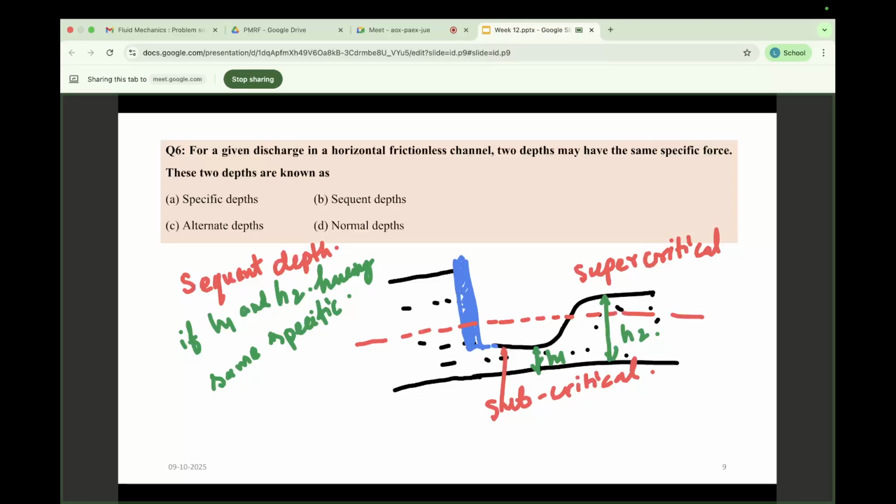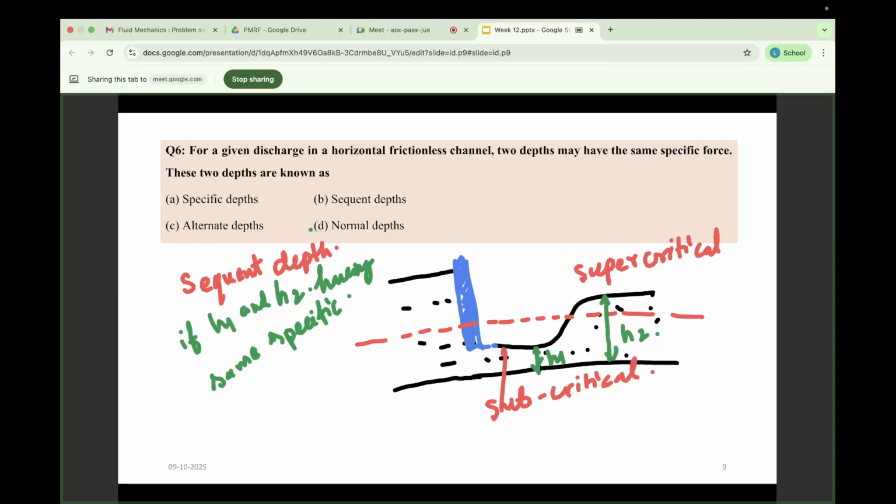Okay. So what I am talking about is this depth. Say these are the two heights, h1 and h2. One height is before this hydraulic jump.